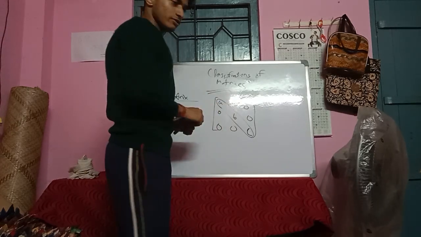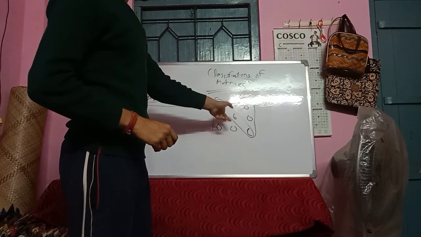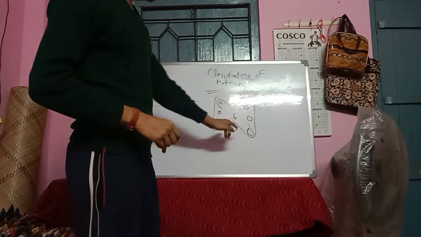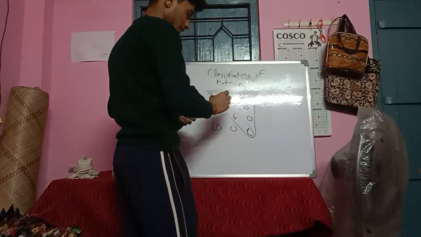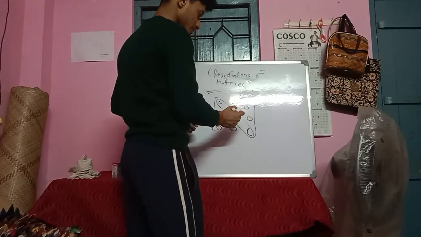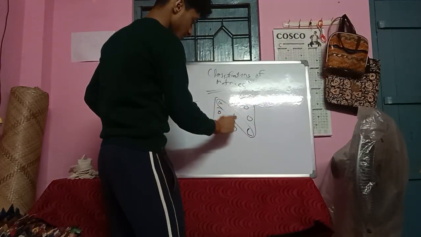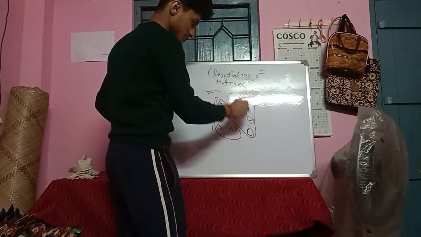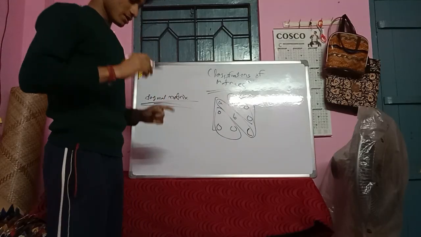When you are discussing a diagonal matrix, you don't have to care about what is going on here. So you can have zeros here as well, but that just won't matter. The only thing that matters is that if the elements outside of this primary diagonal are zeros, like in this case they are, you can call this a diagonal matrix.